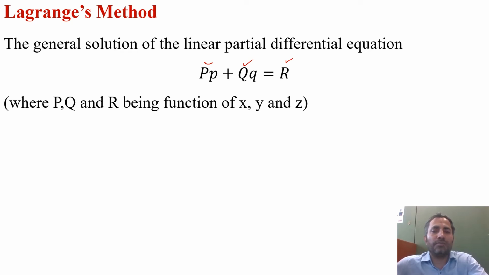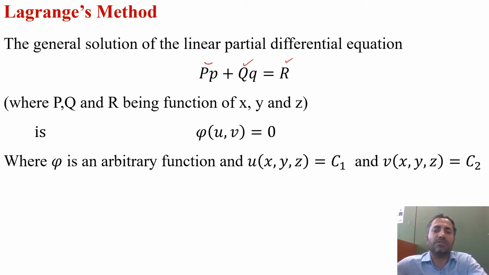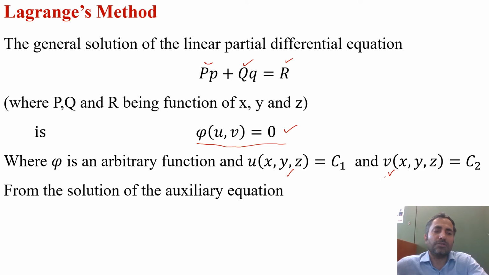The solution of such a partial differential equation can be defined in the form phi(u, v) = 0, where u and v are the two solutions obtained from the subsidiary or auxiliary equations. Phi is any arbitrary function, so we always define the solution in the form phi(u, v), where u and v are obtained separately.